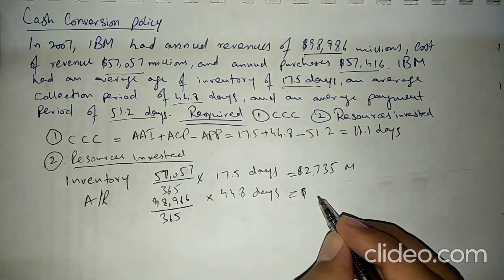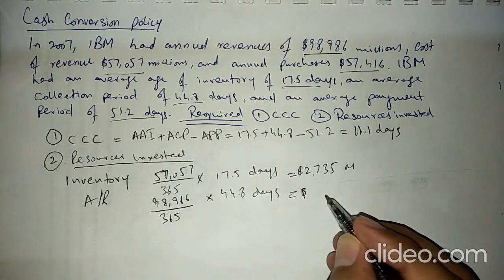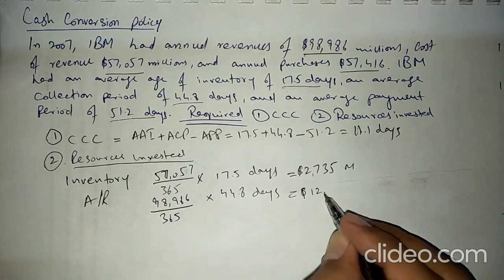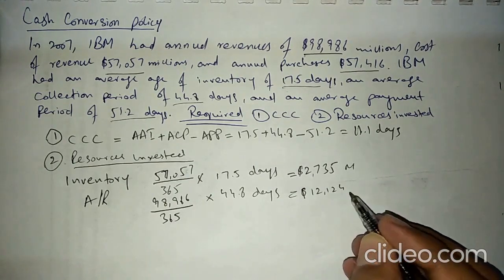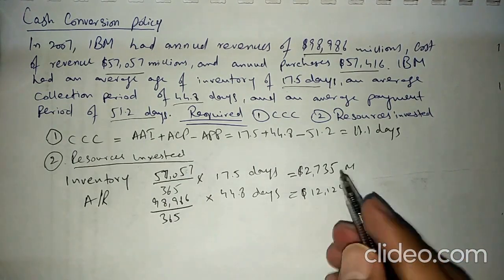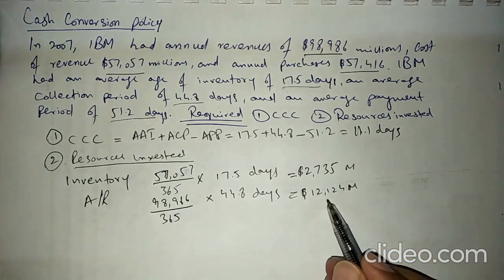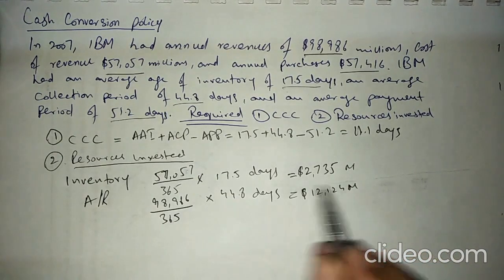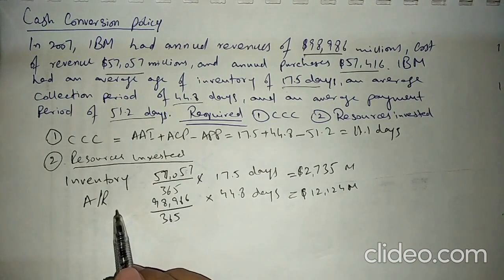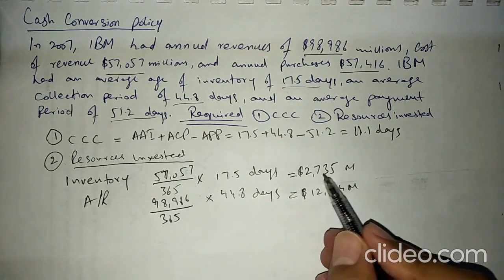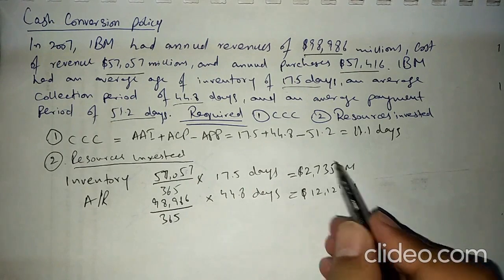And the whole answer is 12,124. So it means that IBM needed 12,124 million to support accounts receivable as working capital. IBM needed 2,735 million to support inventory.